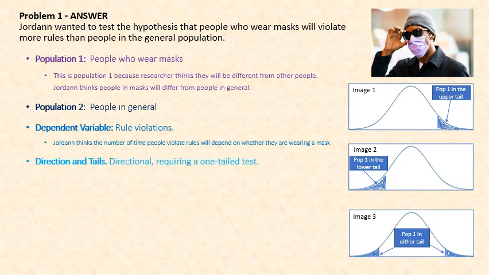The direction and tails, well, this is directional. And I know that because of this word more. This word more suggests that we are going to have a one-tailed test. And it's also going to be a one-tailed high test, meaning that we'd be looking for the people who wear masks to have the number of rule violations somewhere up in this tail as shown in image 1.